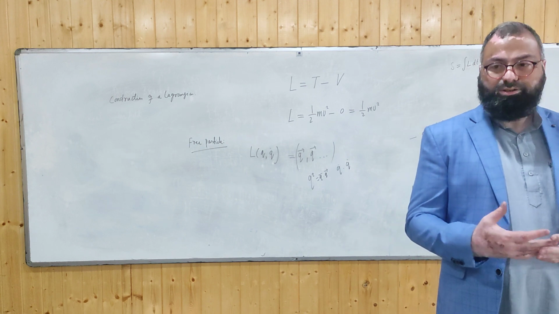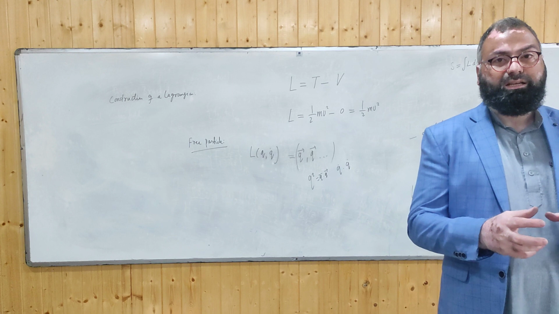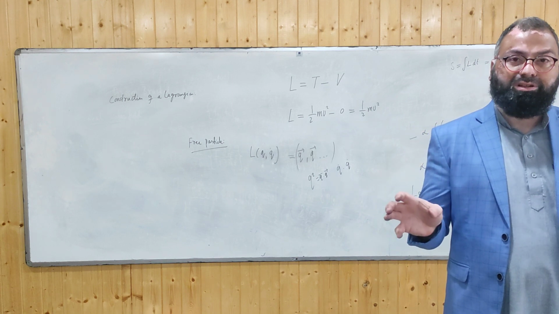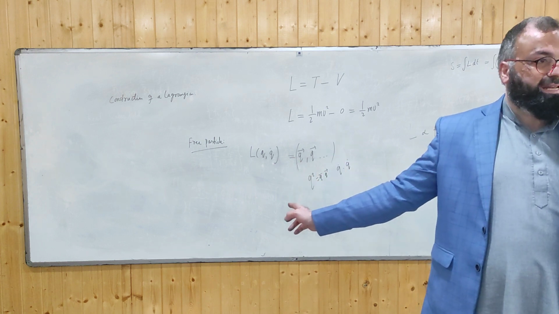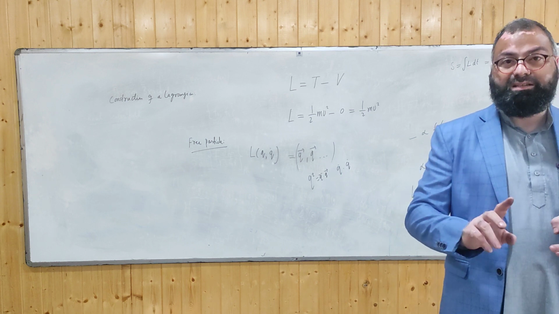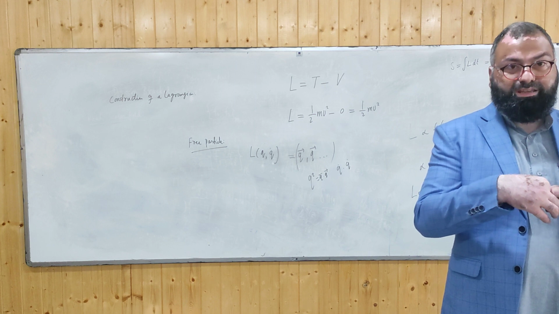There is a theorem which describes the connection between continuous symmetries and the conservation laws, because we have come from a conservation law: conservation of momentum, conservation of angular momentum, and conservation of energy. They have come from the symmetry principles, is it?